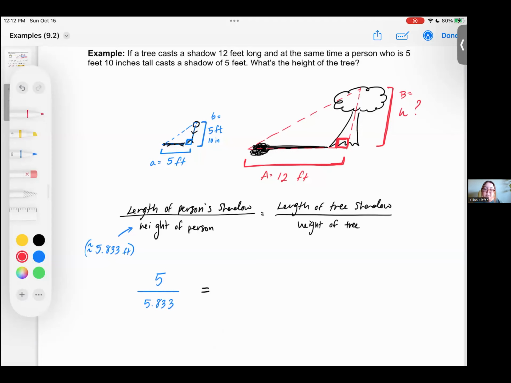We're setting this equal to the length of the tree shadow, which is 12, divided by the height of the tree, which we don't know yet. We're going to leave that as H for our answer. Now that we have this equality set up, we want to know what H is, so we can cross multiply.